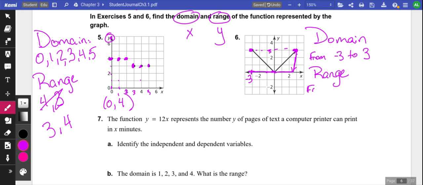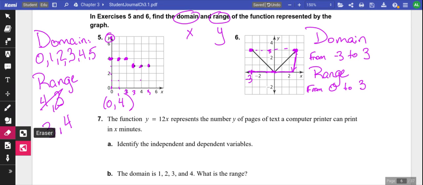My lowest point is over here at 0. So I'm going to say from 0 to 3. It wouldn't have been a big deal if I had written from 3 to 0. Again, I'm not going to count off on that, but it's a good habit to go from the smallest number to the largest number. So when it's a smooth line like that, you're including all the values there in your domain and range.